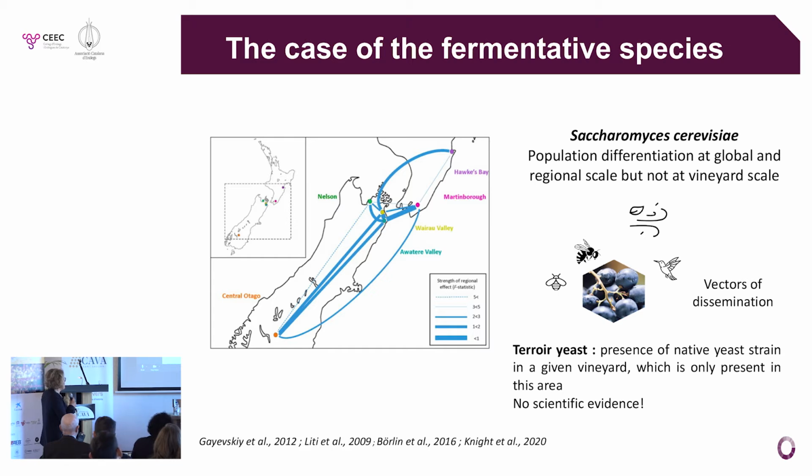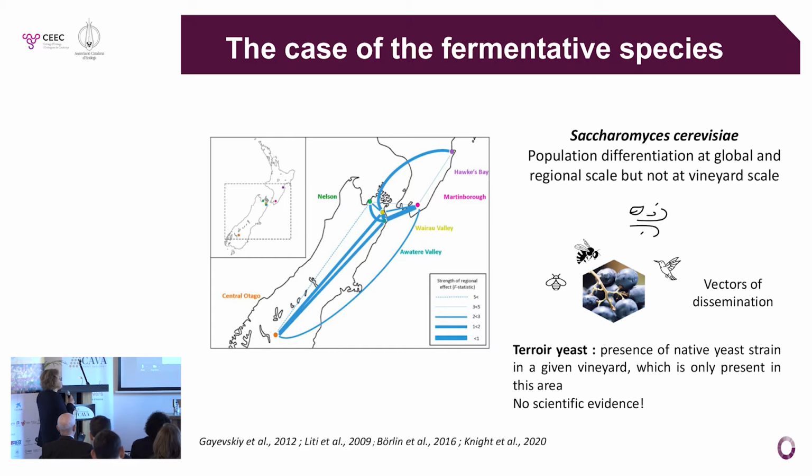Much research work was done to study the genetic diversity of Saccharomyces cerevisiae in the vineyard, but also during the spontaneous alcoholic fermentation of grape juice. And till now, research work has been able to show that there is population differentiation of Saccharomyces cerevisiae at global and regional scale, but not at vineyard scale, not at very small and local scale.